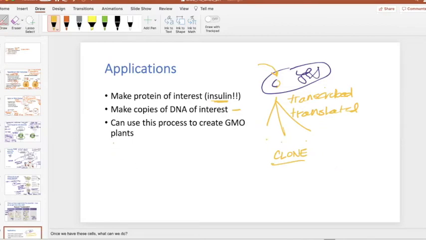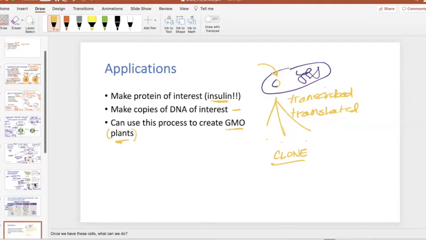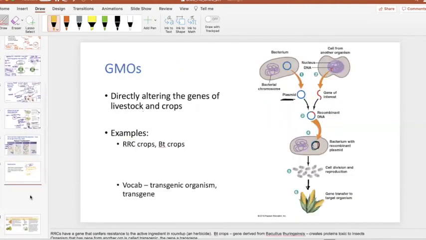Another thing we can do is use a process very similar to this to create genetically modified organisms. And in particular, today, I want to talk to you a little bit about genetically modified organism plants, okay? So you've probably seen in the supermarket, if you go to Food Lion or Harris Teeter or something like that, things that are labeled as GMO free or no GMO.